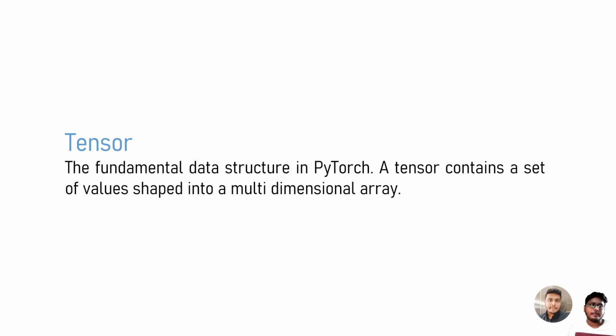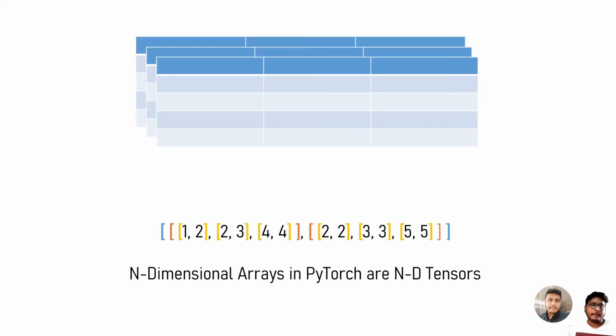Another thing is whatever operation you are doing in case of PyTorch neural networks, all of those operations should happen in a tensor. So it's not possible for you to pass an ND array or a list or a tuple to a neural network and expect that you will get some output. Even if it's a single value, it must be a tensor. So PyTorch will only work with tensors, nothing else.